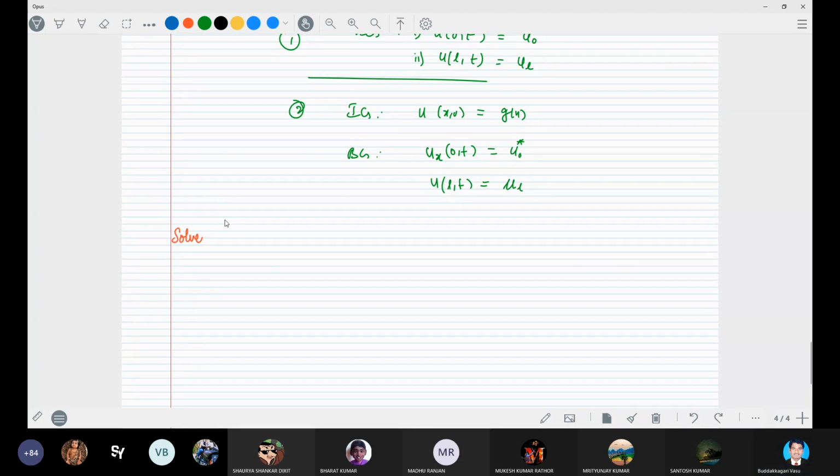Solve the equation du/dt is equal to d^2u/dx^2, where x greater than 0, t greater than 0, subject to the conditions.